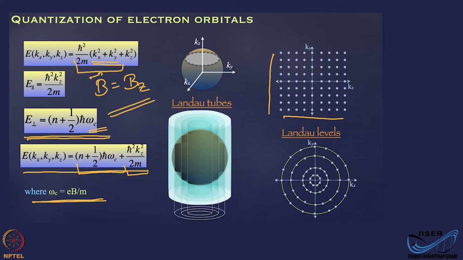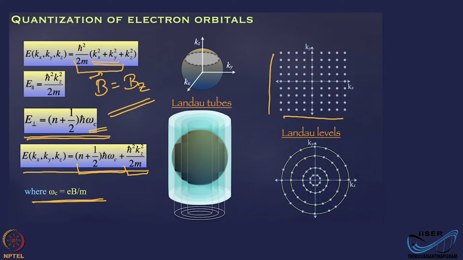Instead, what you have is n plus 1 by 2, that is some radius for the cyclotron motion, which is given by kx square plus ky square. That's the equation for a circle. So the condition is kx square plus ky square should be a constant, that is given by n plus 1 by 2 h bar omega c.